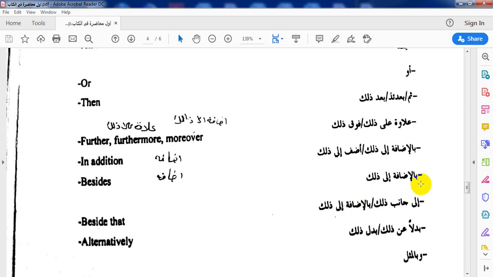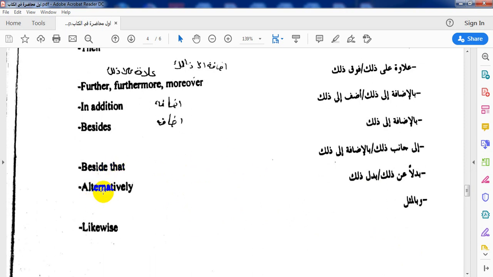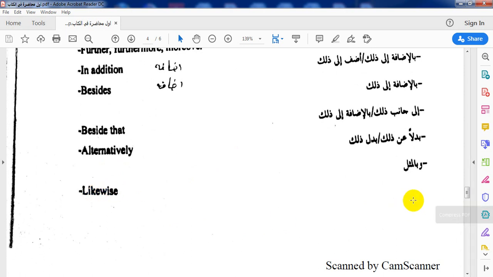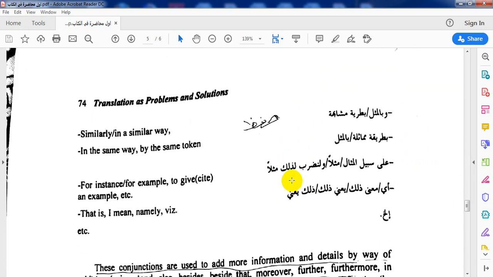In addition to that. Alternatively, likewise. Similarly, in a similar way, in the same way, by the same token.